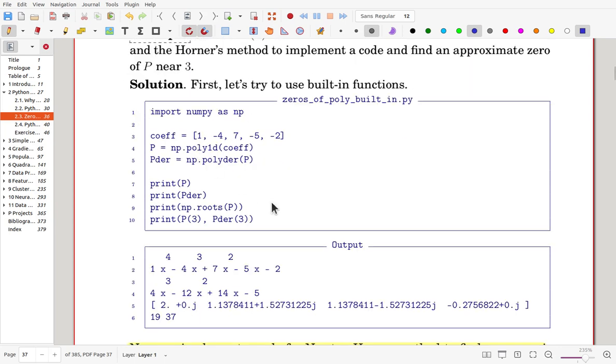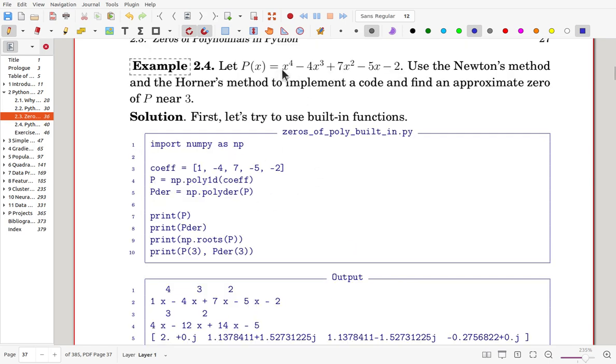Here we import numpy, and the coefficients are collected: 1, -4, 7, -5, -2. Now the NumPy method is poly1d along with the coefficients, giving P. Once you print P, you can see it is the same as this one.